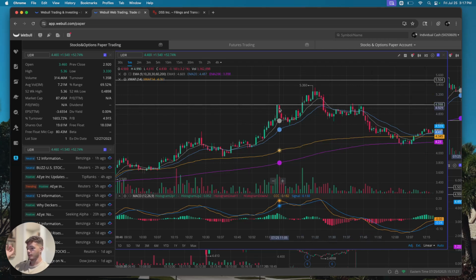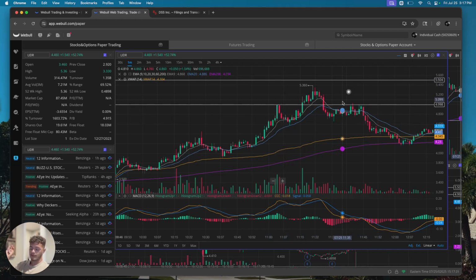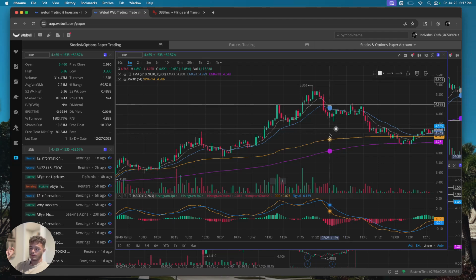And you can see we came up to it and rejected off of it. This is absolutely true throughout the entirety of this chart. So 4.50, you have another one. Pushed above it, sold below it, maintained. So half and whole dollars, very important.